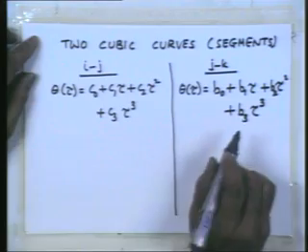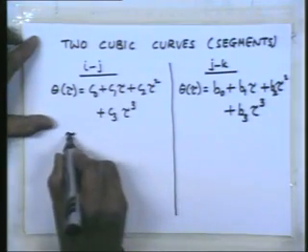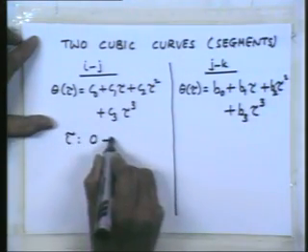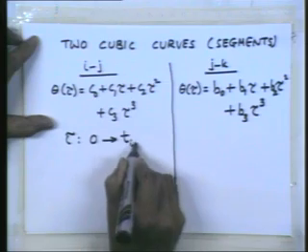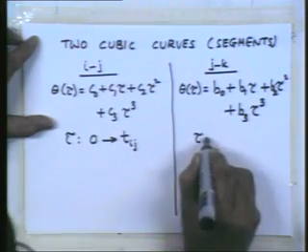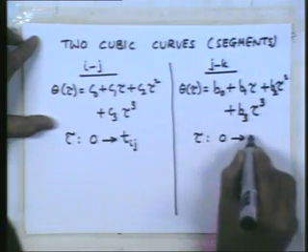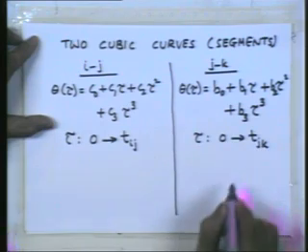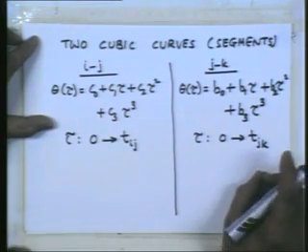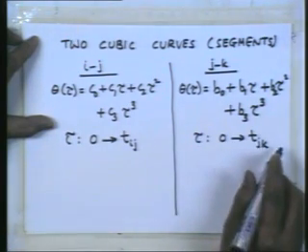Like we introduced in the previous lecture, tau here will vary from 0 to Tij. Here tau will vary again from 0 to Tjk, because that is a local time frame with reference to that specific cubic segment of motion.